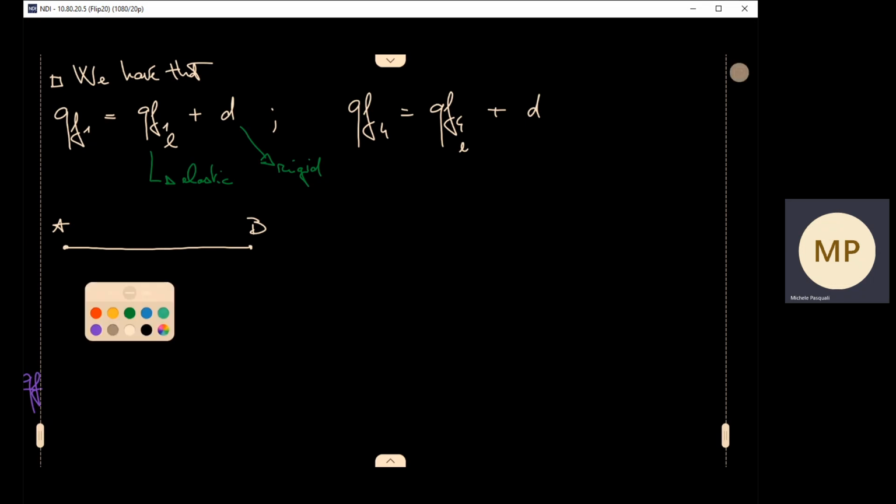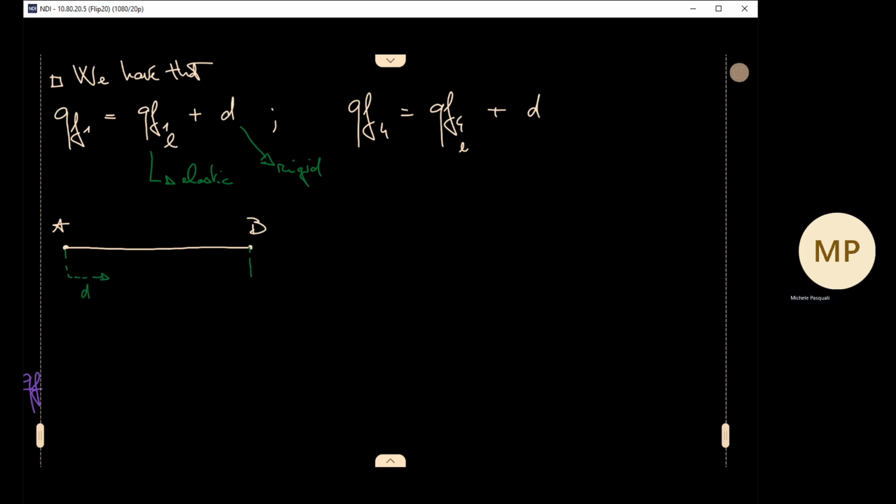What I'm saying here is that you first undergo a rigid displacement D, which is the same for both. And then you have a deformation, properly said, which is QF1E.